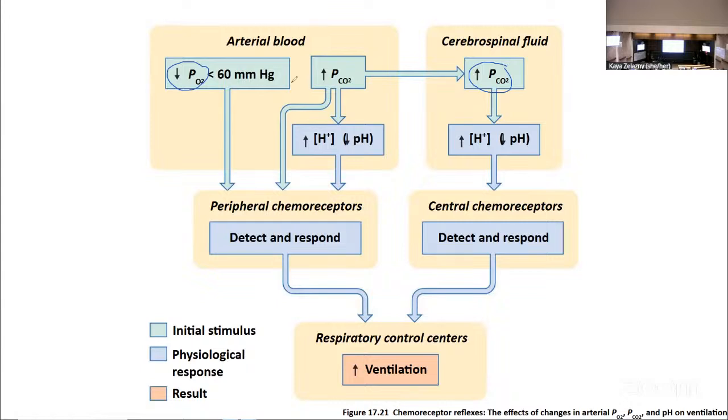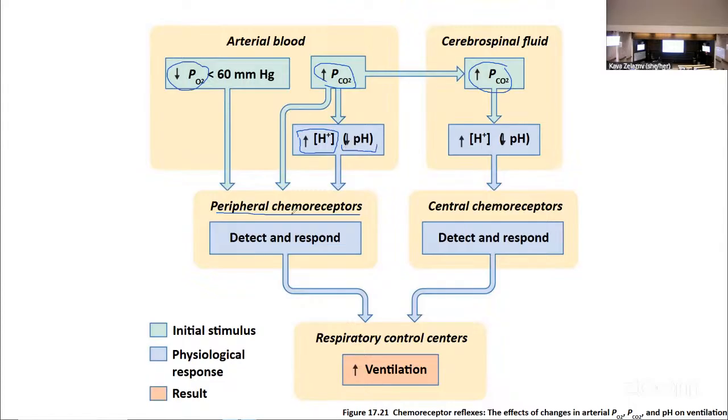So in that arterial blood, those peripheral chemoreceptors, if we get low enough with the oxygen, do detect and respond to drops below 60, right? They definitely respond to carbon dioxide rising. Part of that reaction is a direct reaction to carbon dioxide. A large part of it is a reaction to the fact that rises in carbon dioxide create rises in hydrogen ions, which, if we did our calculation for pH, we'd find is a drop in pH, right?